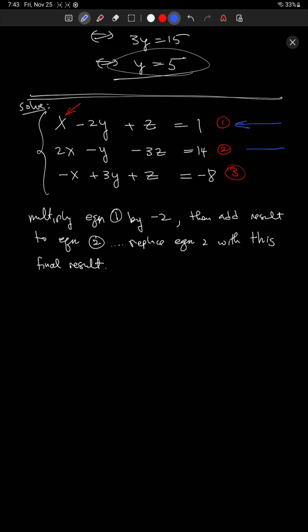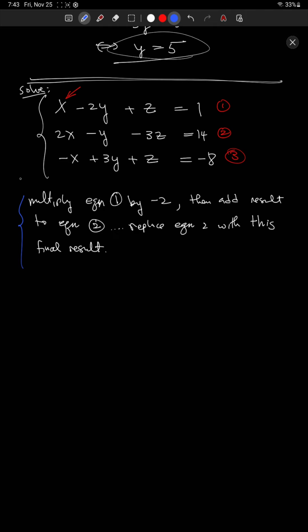I'm going to add it to the second equation, and that's going to give me a new equation. That's going to be my new equation 2. So I'm going to replace equation 2 with the result of this description right here. Okay, so let me call this step, let me just put a bullet point here.